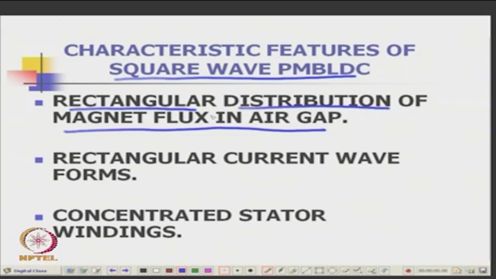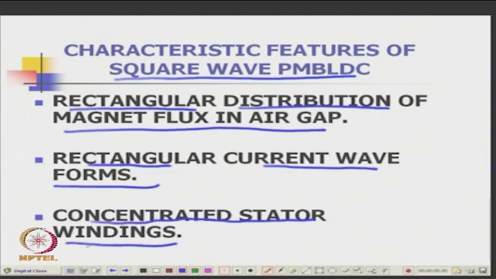Then it has a rectangular current waveform and it has nearly concentrated stator windings. It is not too much distributed, maybe 1 or 2 per phase. So, this is what is of a square wave permanent magnet DC motor.